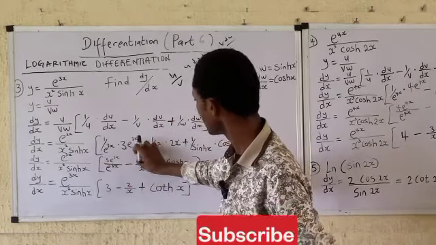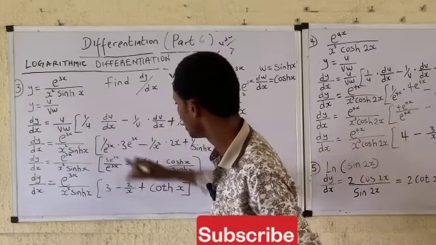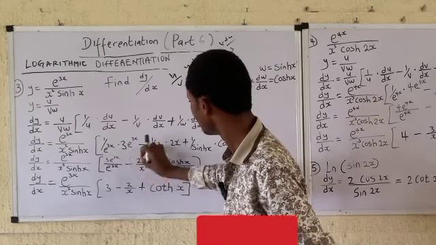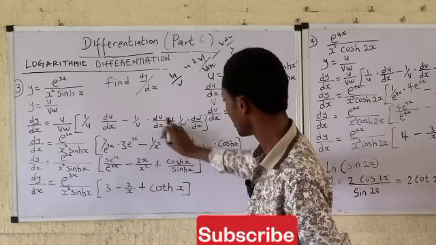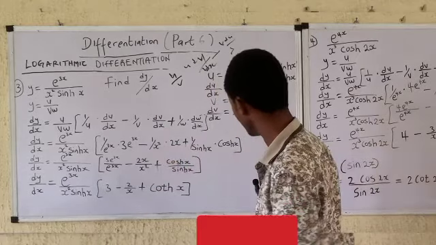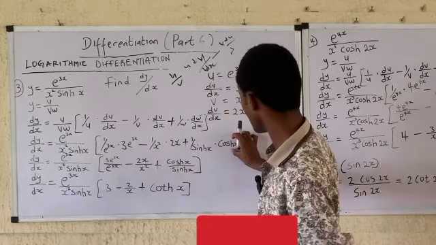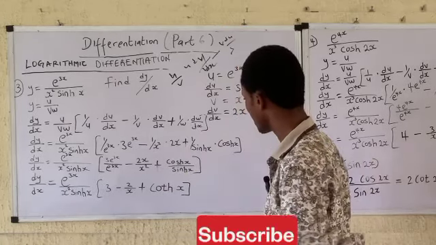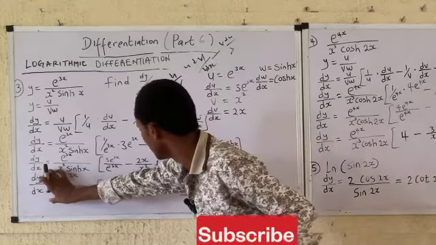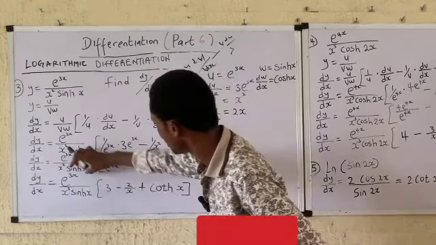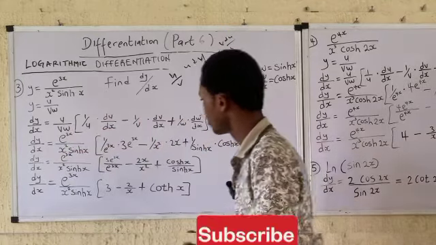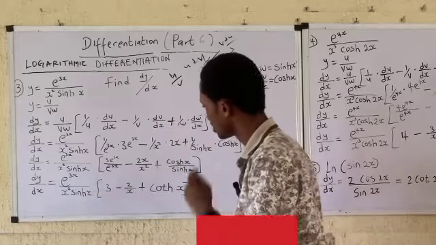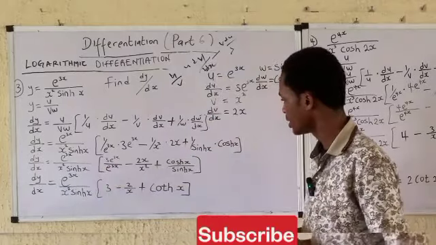Now 3 exponential raised to the power 3x times 1 will give you 3, the same 3 exponential raised to the power 3x all over exponential 3x, minus now 2x times 1 will give you 2x all over x raised to the second power, plus this cos x times 1 will give you cos x all over sin x. Finally, dy/dx equals, repeat the same, bring this one down: exponential raised to the power of 3x all over x raised to the second power sin x.